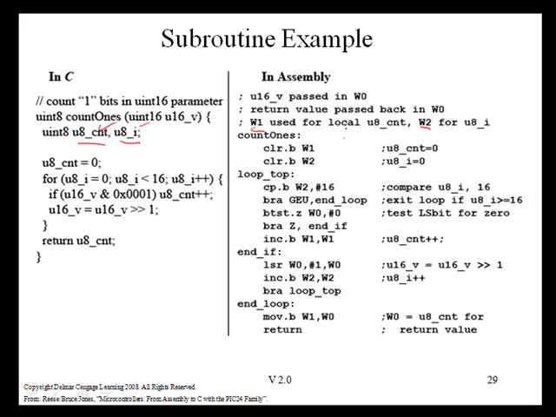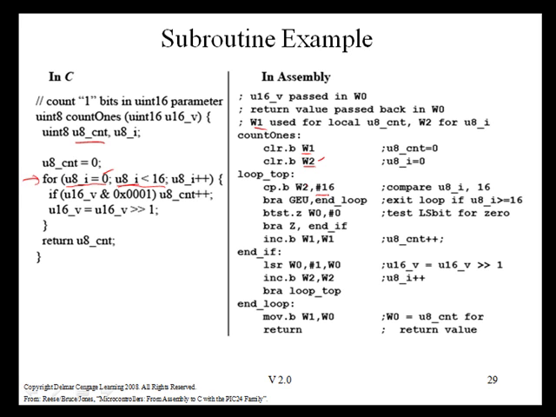So let's get started. We're first going to want to clear our count variable, which is W1, so we'll clear that. For this for loop right here, which is essentially a while loop, we need to initialize our loop variable I. So we're going to clear that to 0, so we'll do that. And now we need to do this comparison. So we need to compare our loop variable U16I, which is sitting in W2, against the immediate value 16.